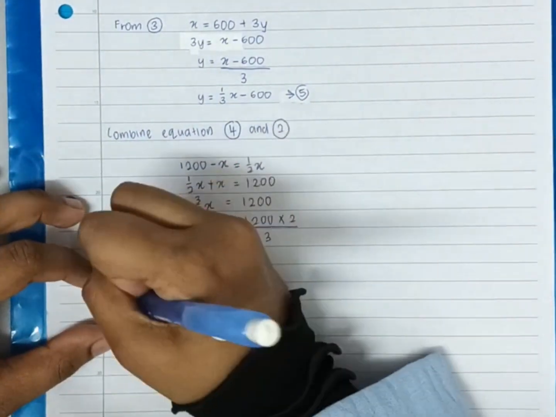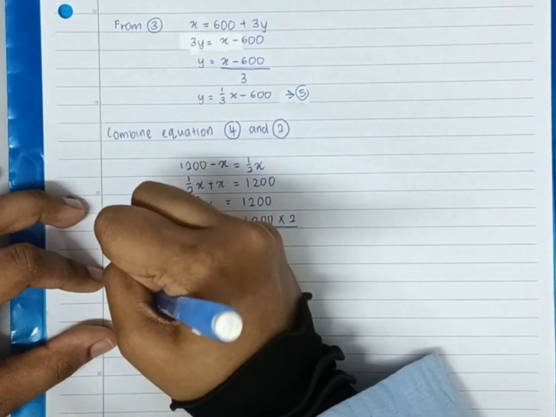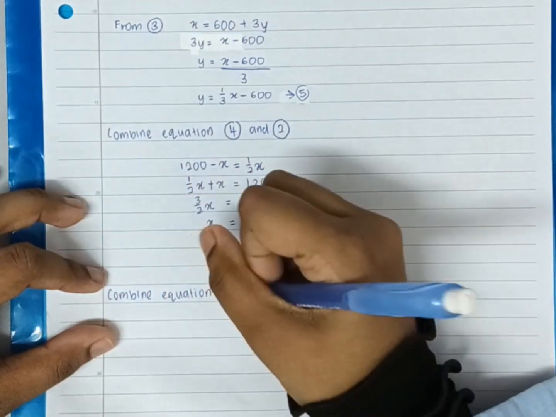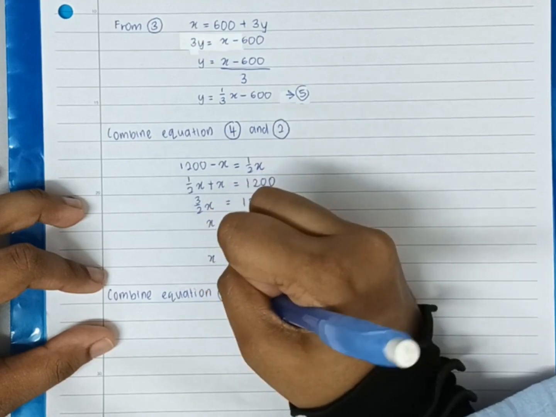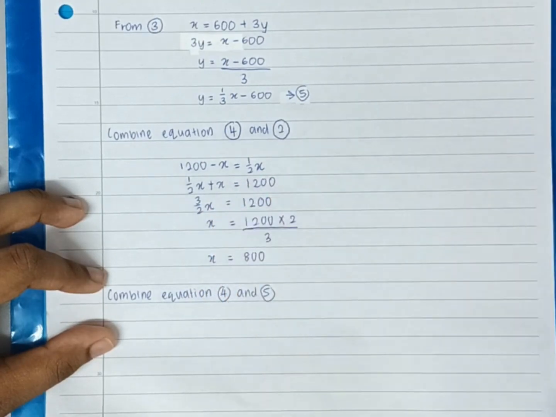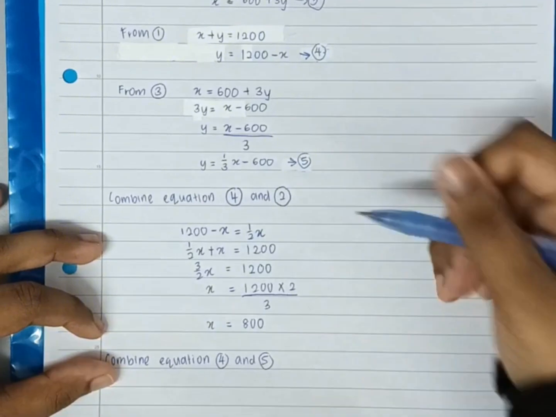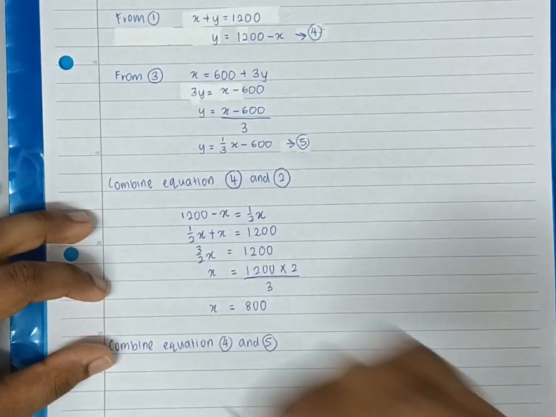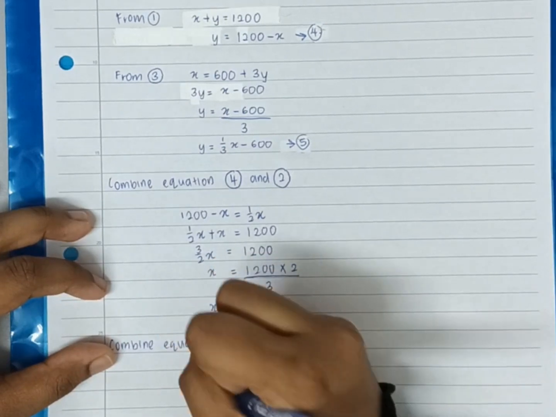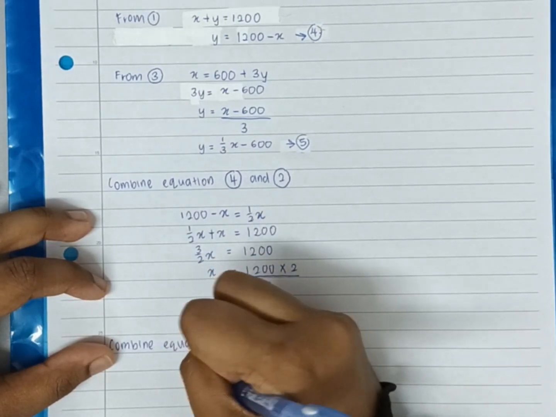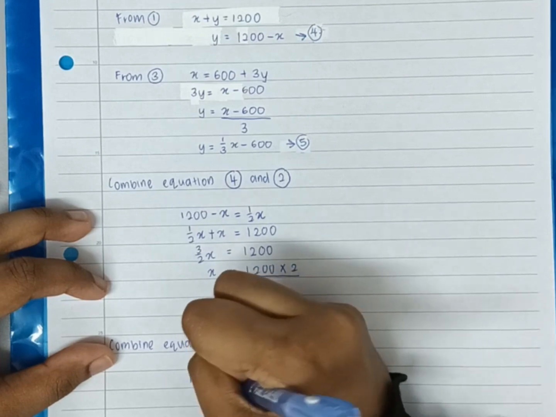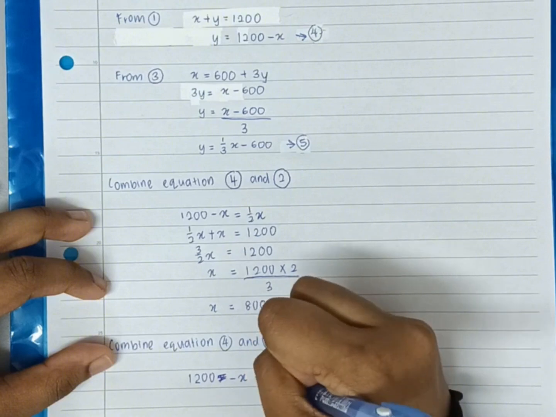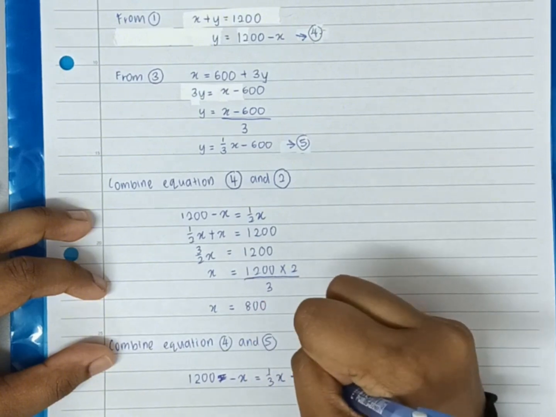Next, we will combine equation 4 and equation 5. Equation 4 is this, and equation 5 is this. So we will combine them. It will be 1,200 minus x equal to 1 over 3x minus 200.